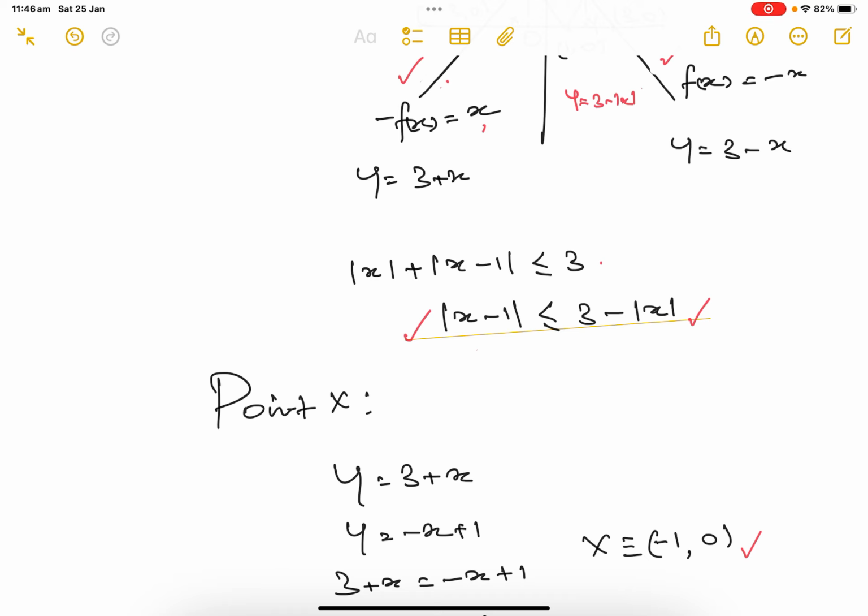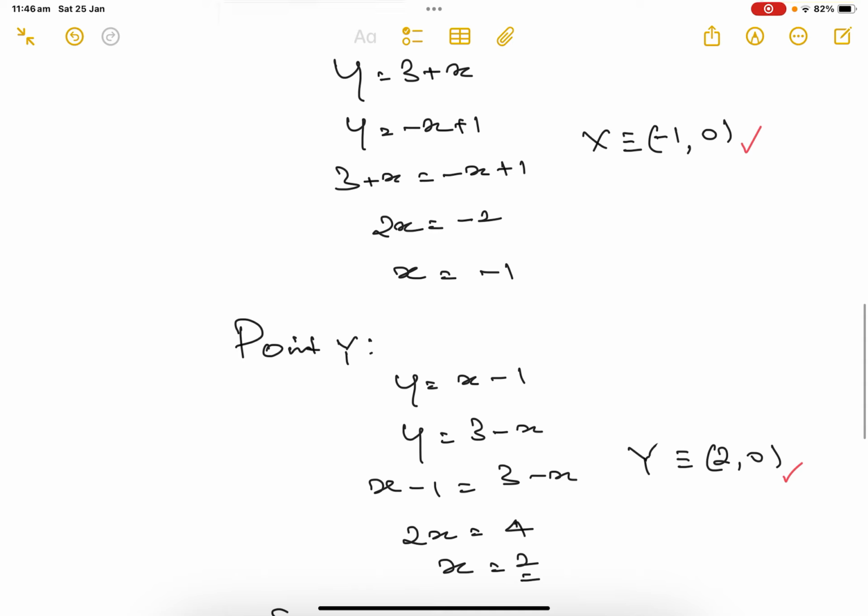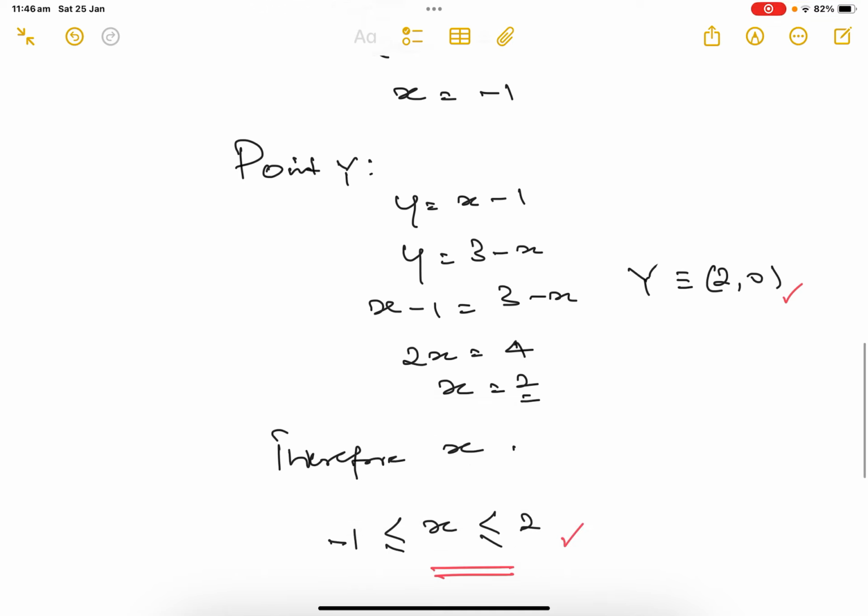That's the little confusion. But if you take the modulus x to the right-hand side, now we have two graphs which we have sketched. That sketch will help us to find the limit where the first graph is greater than the second graph.